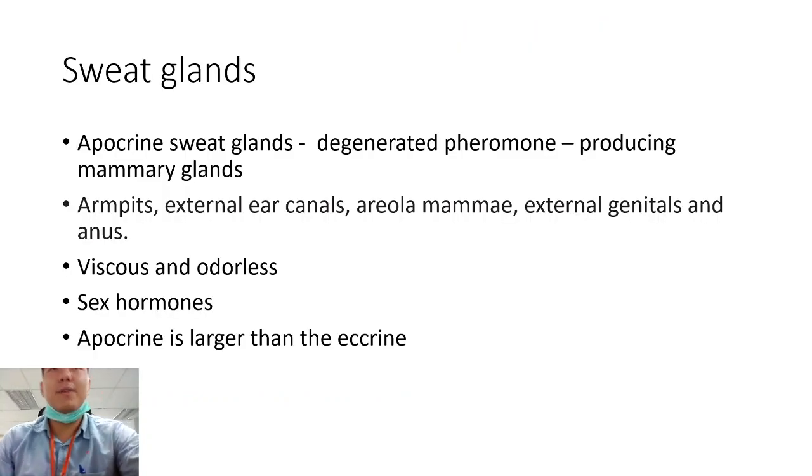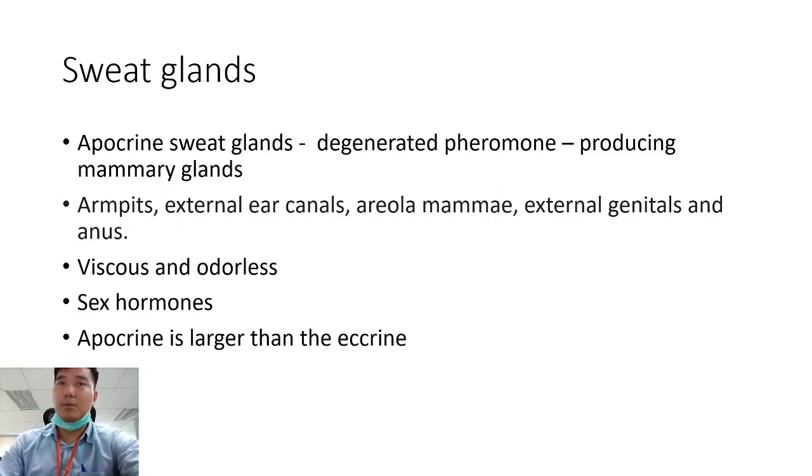We move from the eccrine sweat gland to the apocrine sweat gland. This is the part that generates pheromones, which also happens in mammary glands. You can find a lot of apocrine sweat glands in the armpit, external ear canal, areolar area, external genitalia, and anus.